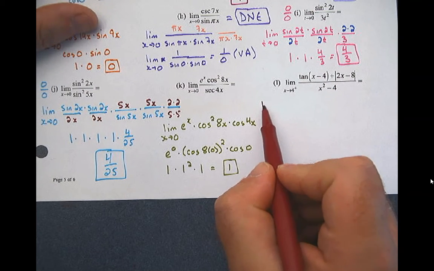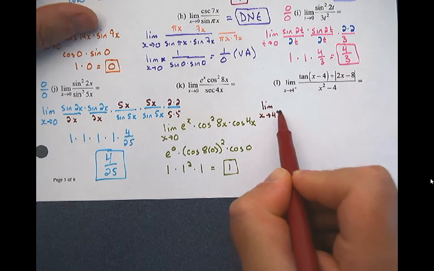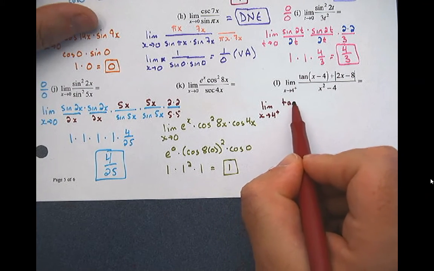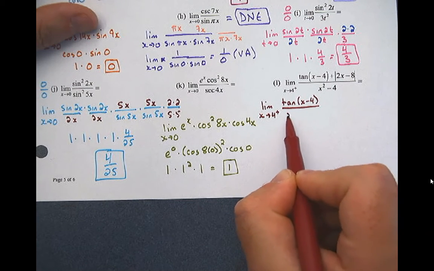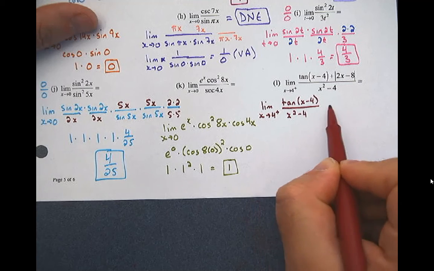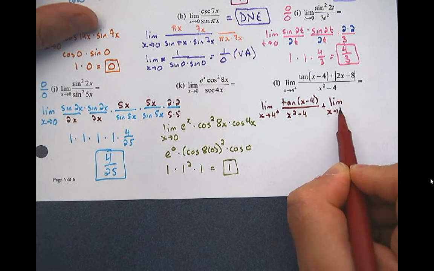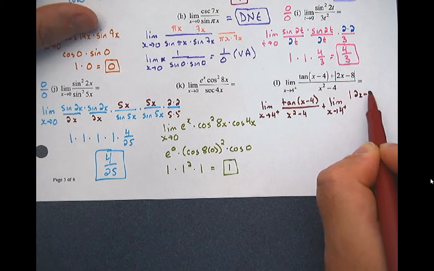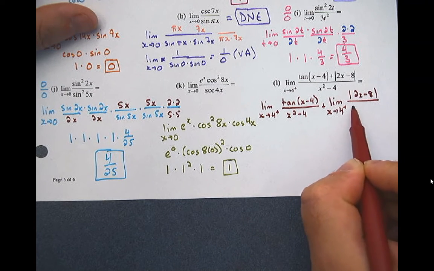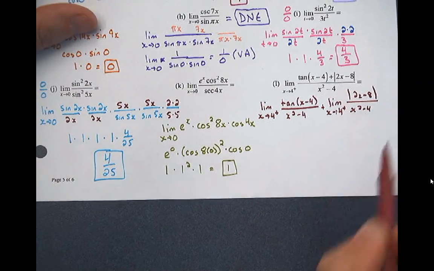So this is going to be the limit as x approaches 4 from the right of tangent of x minus 4 over x squared minus 4, plus the limit as x approaches 4 from the right of the absolute value of 2x minus 8 over x squared minus 4. That's an absolute value there.